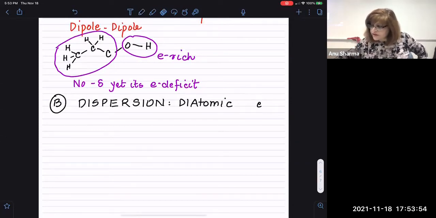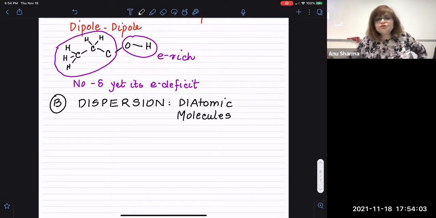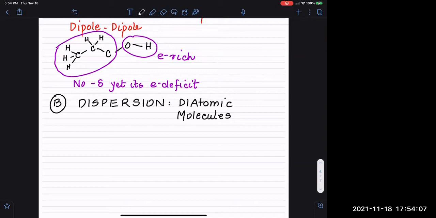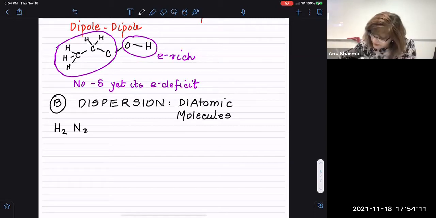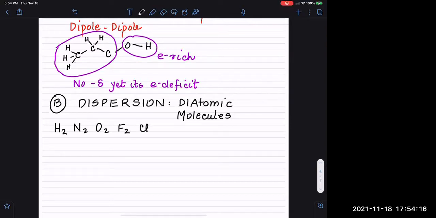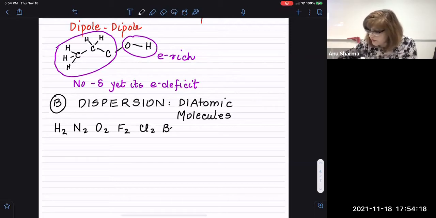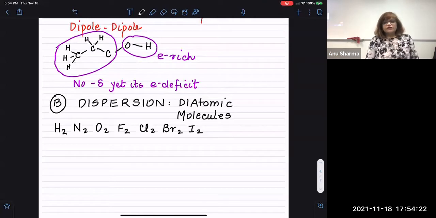Do you know the diatomic molecules? Hydrogen, nitrogen, oxygen, fluorine, chlorine, bromine, and iodine. Okay, very good, excellent. So these are the dispersion ones.